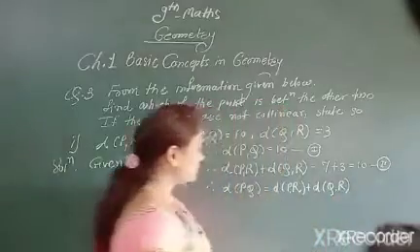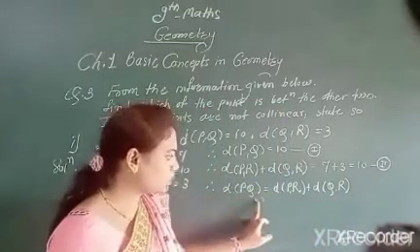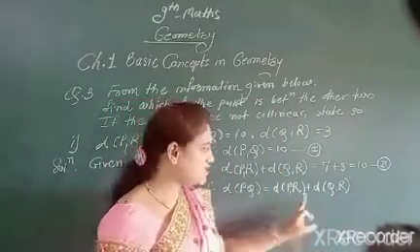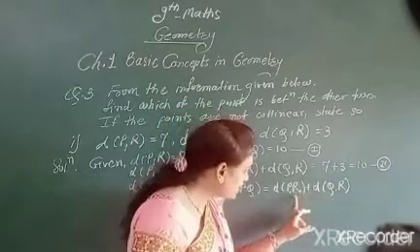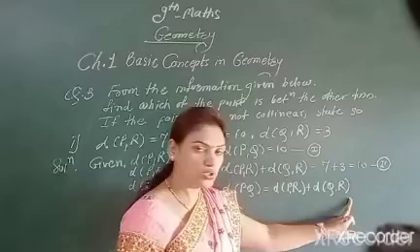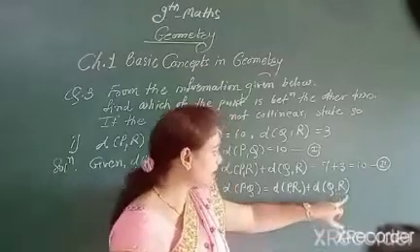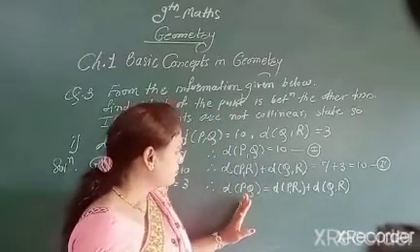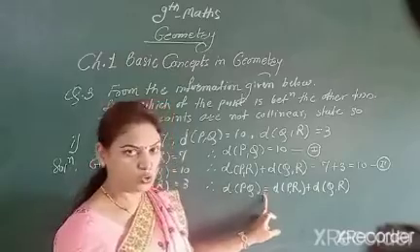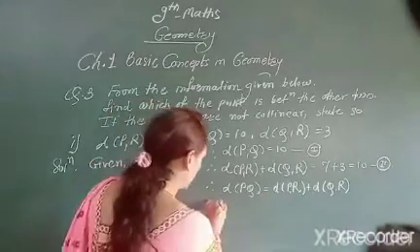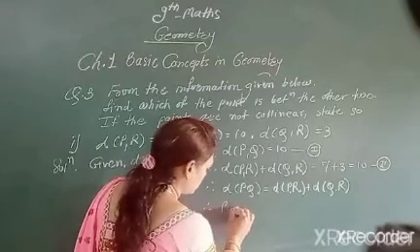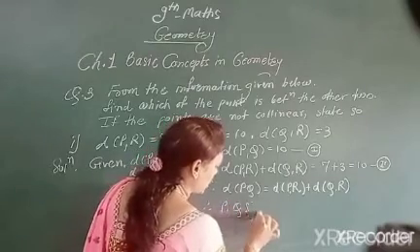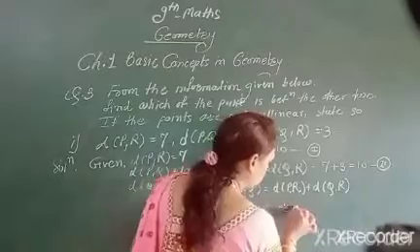Now observe this equation. Distance PQ is equal to distance PR plus distance QR. In these terms, R is common in both. That means R is between points P and Q. Therefore P, Q and R are collinear.